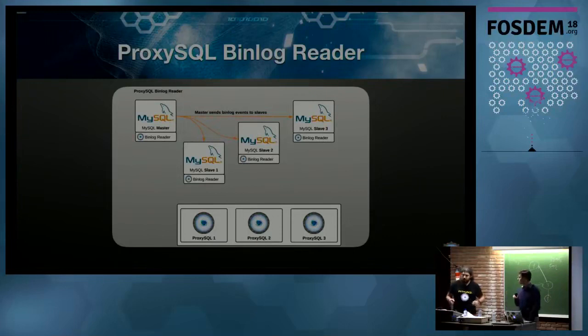So basically what happens is that it takes the status of the GTID executed on the server, and as soon as a client, in this case ProxySQL, connects to this process, it will send the full GTID set, and from that moment on will send the first GTID executed with all the server UID and the transaction ID, and then from that moment on it will only send the transaction ID until the moment a new UID is generated.